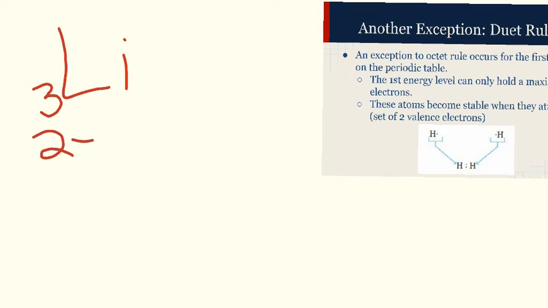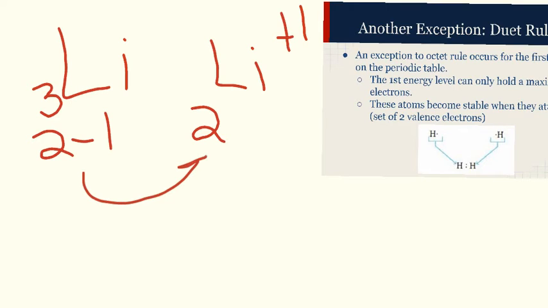The electron configuration is 2-1. When it loses 1 electron, it becomes a +1 ion, the electron configuration becomes 2. So it does not have an octet because we're dealing with elements that have electrons in the 1st shell and they can't achieve an octet.